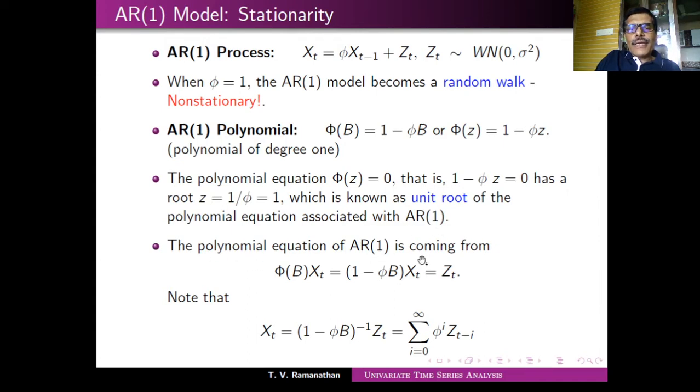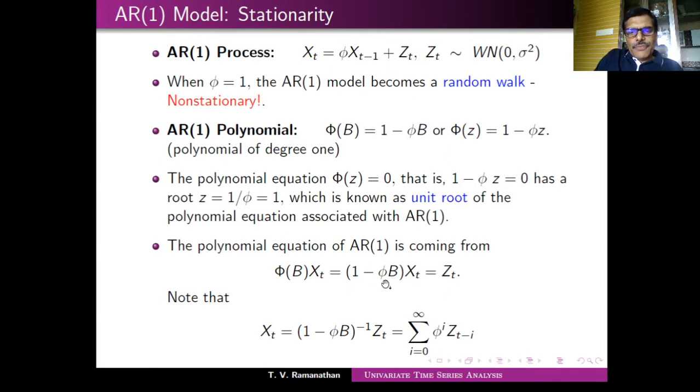So where is this polynomial equation coming from? It is coming from the AR representation, which can be written as phi of B xt, which means 1 minus phi B applied to xt. So this is equal to xt minus phi xt minus 1 equal to zt.